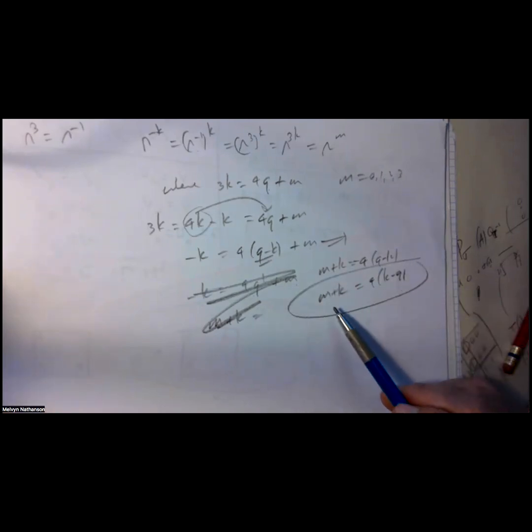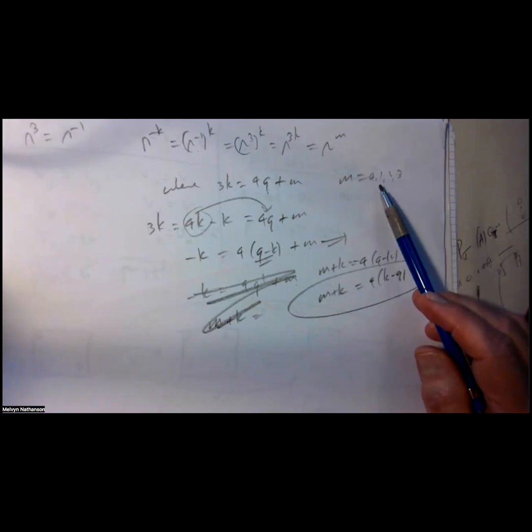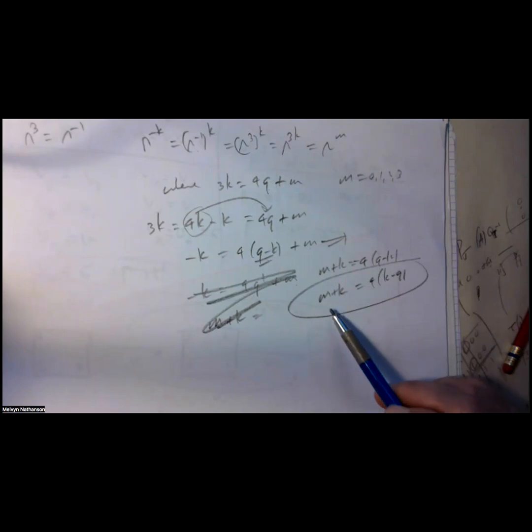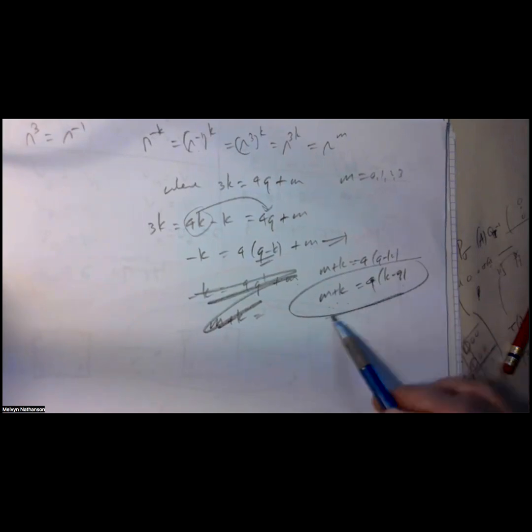In other words, m is a number chosen from 0, 1, 2, or 3, such that m plus k is divisible by 4. This is, m plus k is a multiple of 4.